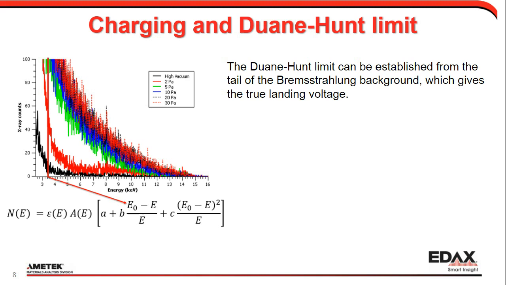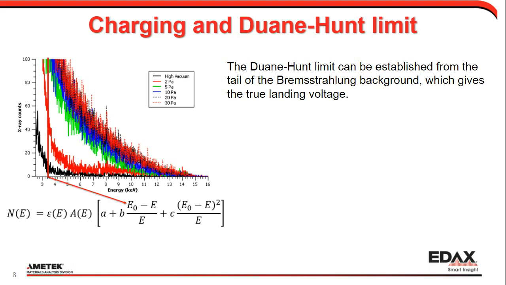In this case, about 3 to 3.5 for the black line, about 5, 6-ish for the red line, and then the green line, we're up to about 12, 13, 14 for the blue, and 14, 15 for the red. So in this case, it's just a visual estimate.